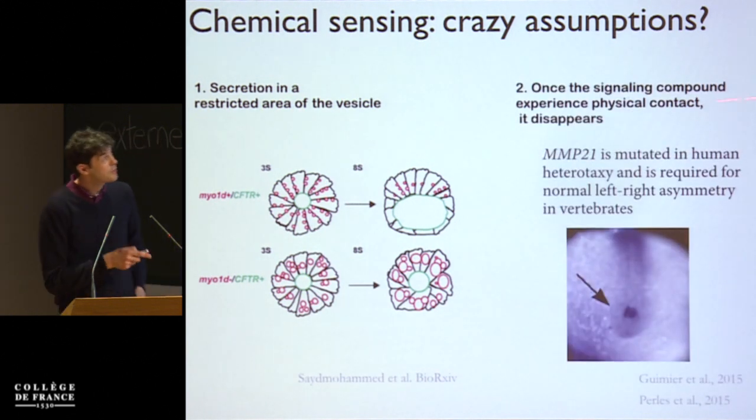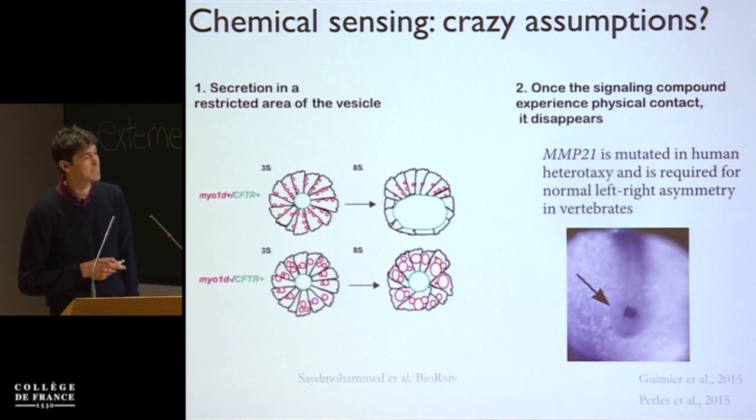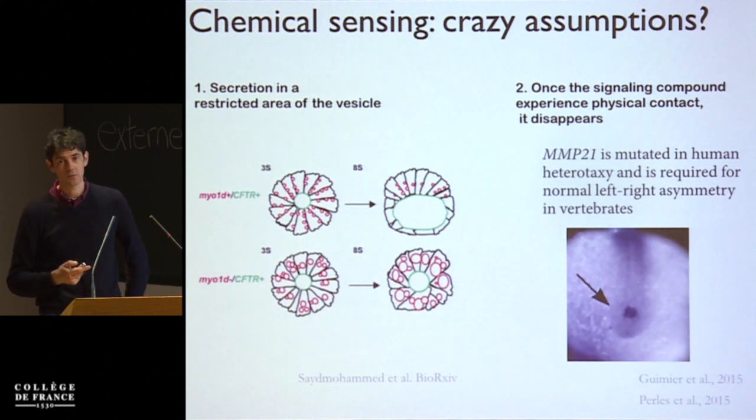Another observation comes from human genetics. This is actually work from a group not too far from here, from Imagine, the Thompson's group, who found that a protease called MMP21 is associated with heterotaxia in humans, and its expression, in zebrafish at least, is highly concentrated within the left-right organizer.